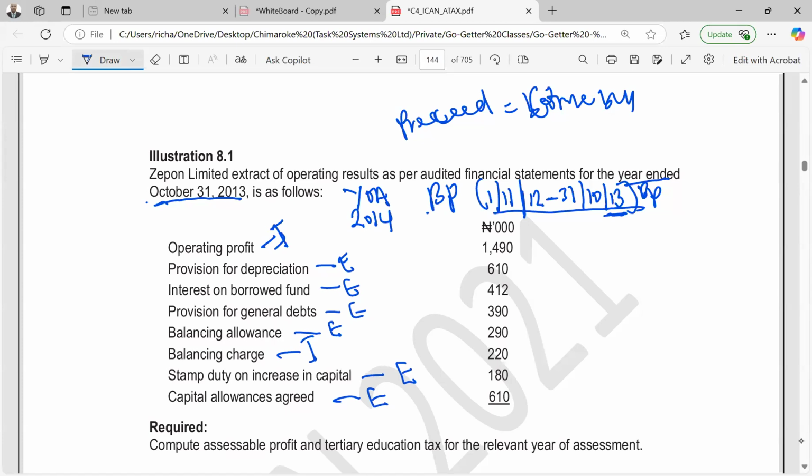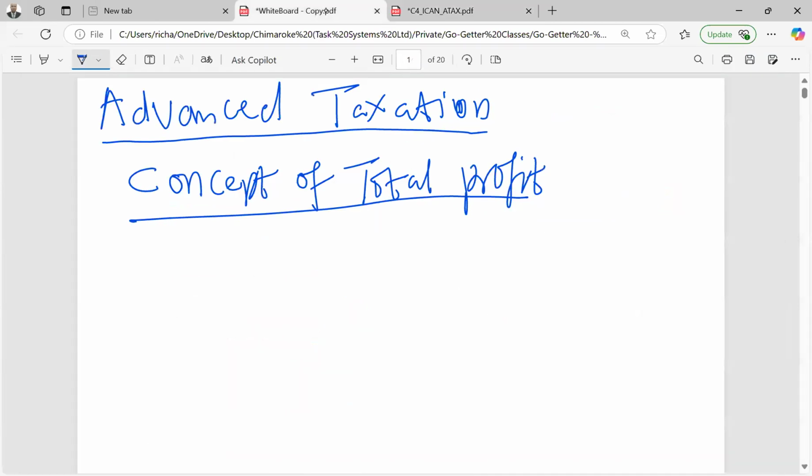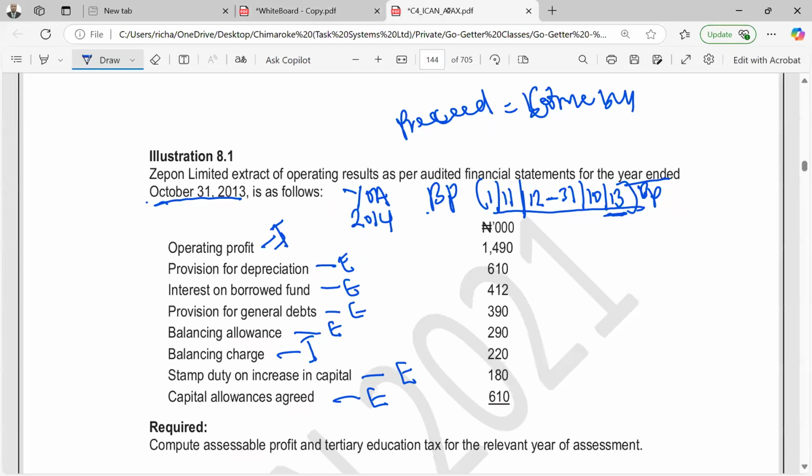So this is our Zipon Limited. So we'll go here, exercise 1 or illustration 1. Let's say this is, what's the name of the company again? Zipon Limited.